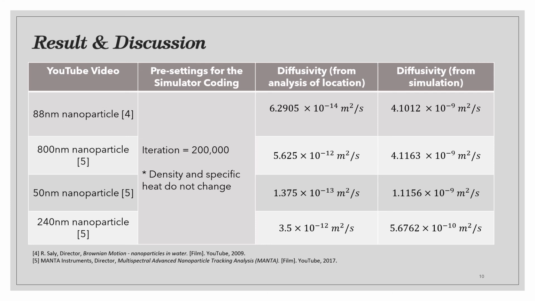However, the other nanoparticles were only analyzed one time because only one nanoparticle is tracked in the video. The diffusivity results from analysis of location are shown in the third column, while the diffusivity results from the simulation are shown in the fourth column.